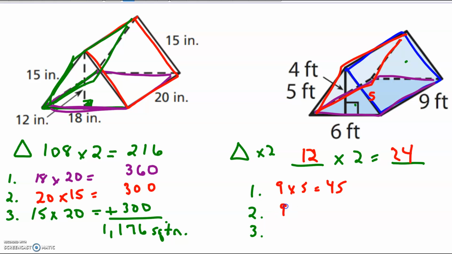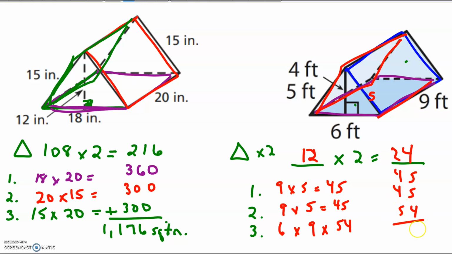It's going to be 9 times 5 is 45. The bottom, a little bit different. The bottom is 6 by 9, and that's 54. So if we line those all up, you've got 168.